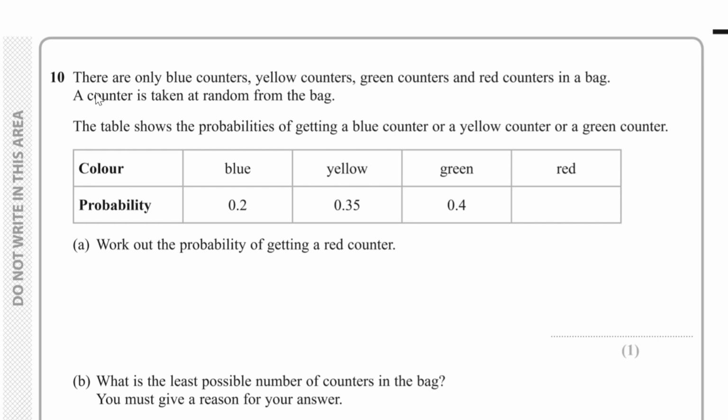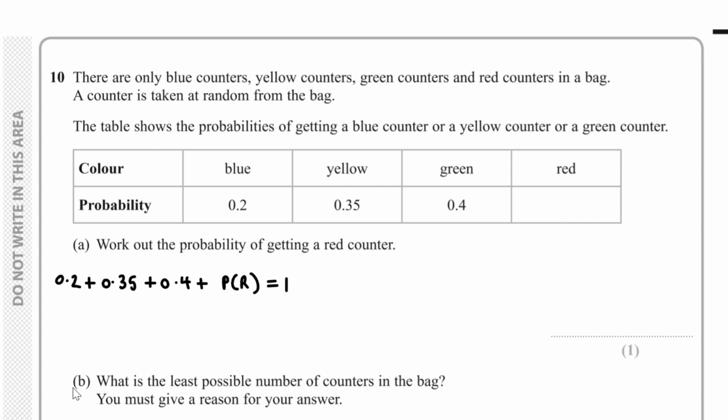Question number 10. There are only blue counters, yellow counters, green counters and red counters in a bag. A counter is taken at random from the bag, and for part A we have to find the probability of getting a red counter. Well, we know that probability adds up to 1. So we've got probability of blue, which is 0.2, plus probability of yellow, which is 0.35, plus probability of green, which is 0.4, plus probability of red.